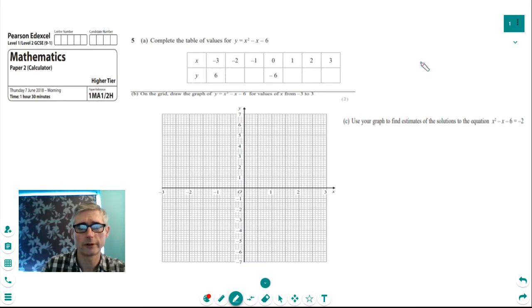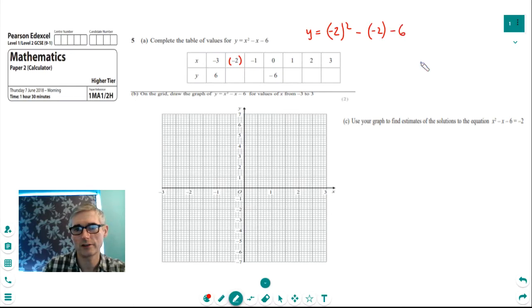The first one we're going to put in there is this one, x equals minus 2. For that we can say y would be equal to (minus 2) squared minus (minus 2) minus 6. Notice I'm putting brackets around this because we have to be extremely careful about the negative signs.